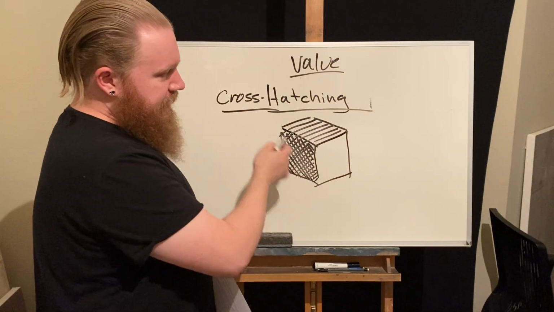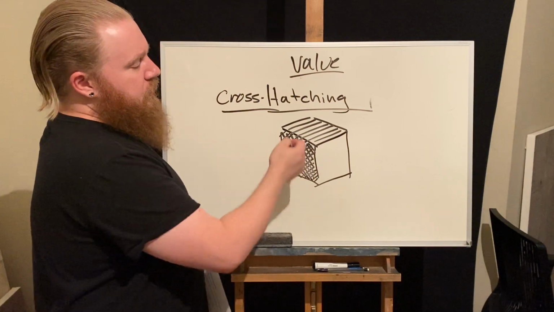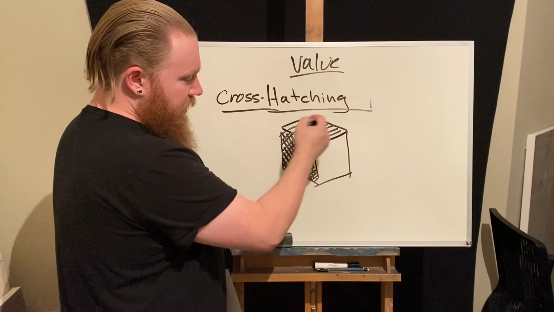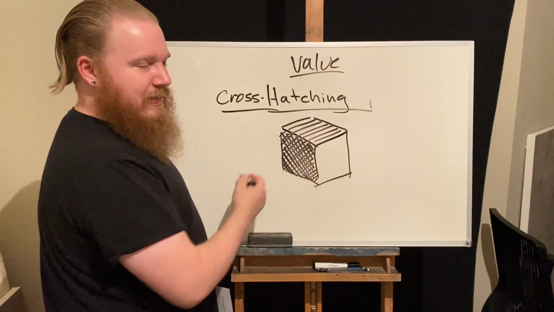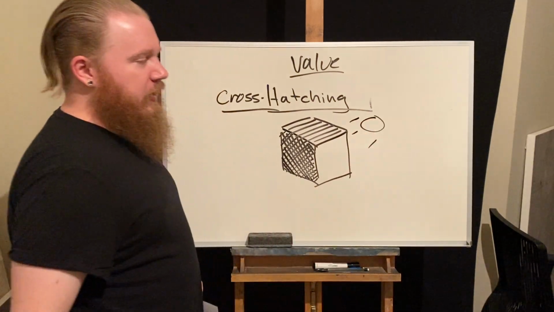And once again, we're going to stay parallel, but we're going to cross them at various angles. And so now we have three basic value ranges. So we have a white, a gray, and a dark, all right? And once again, our light source would be coming from over here.